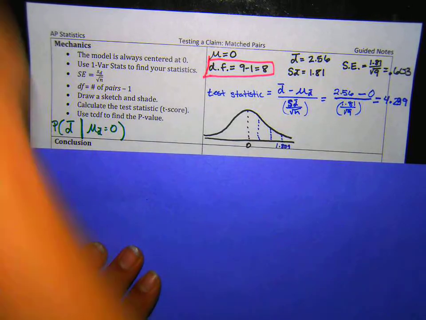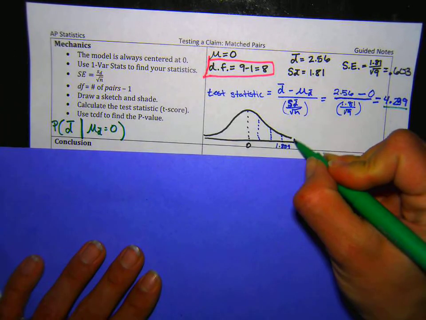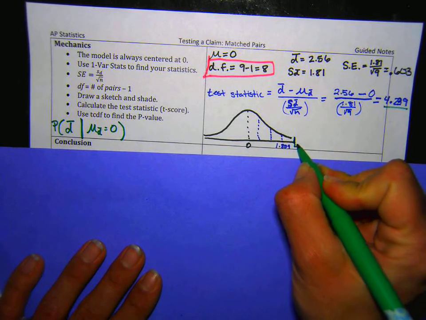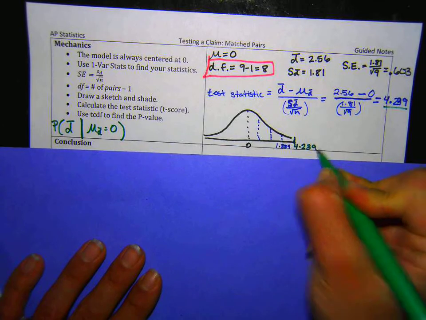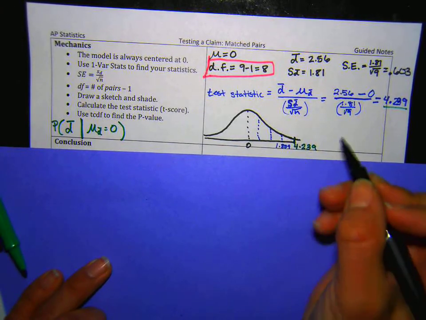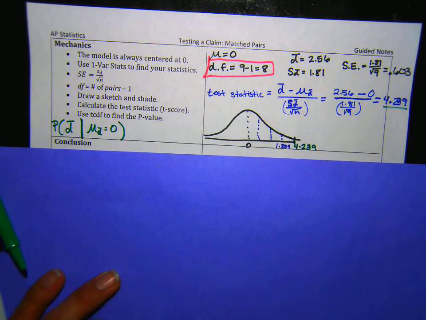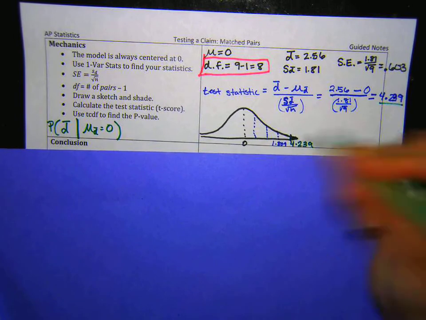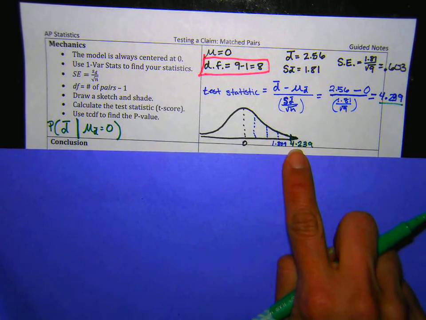My test statistic here of 4.239 is even further on that curve. I can't even draw it on there. It's not even on the curve. Already, I'm starting to see that this is pretty unlikely. This is so far off down on this tail. This must have a very low p-value.